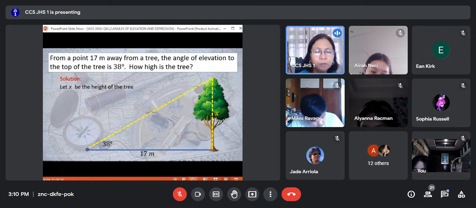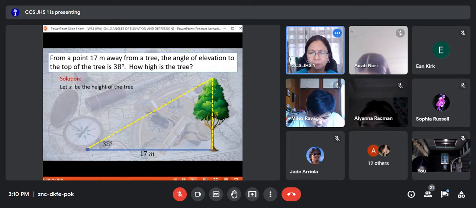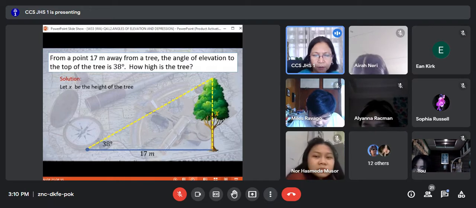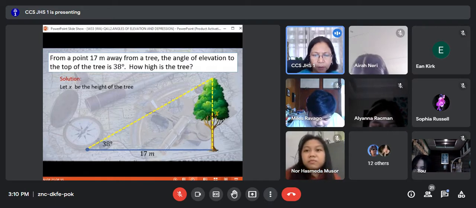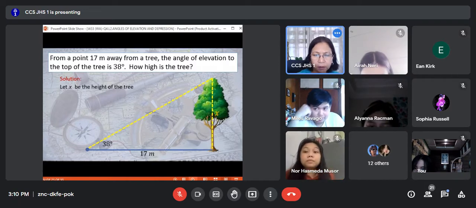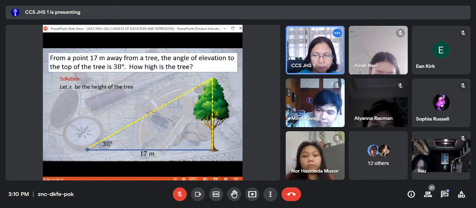Okay. So what do you think is that? Decide what trigo ratio is applicable in the figure. Is it sine, cosine, tangent? Relating that side, okay, look at the angle. The angle is here at 38 degrees. X is what? Hypotenuse, adjacent, opposite to 38?